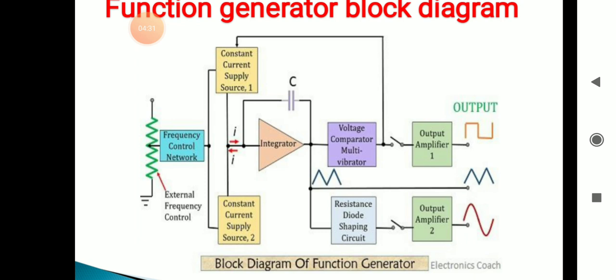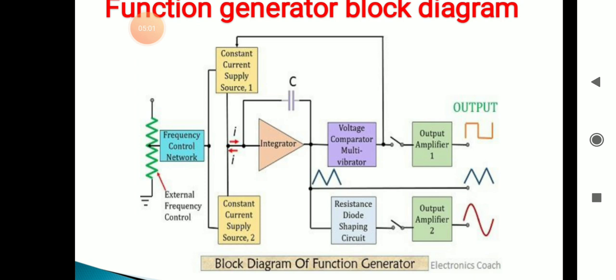So when the upper CCS is on, the constant DC current I1 is applied directly to the integrator. You connect a capacitor C at the integrator's output, and the input is also given to the integrator.